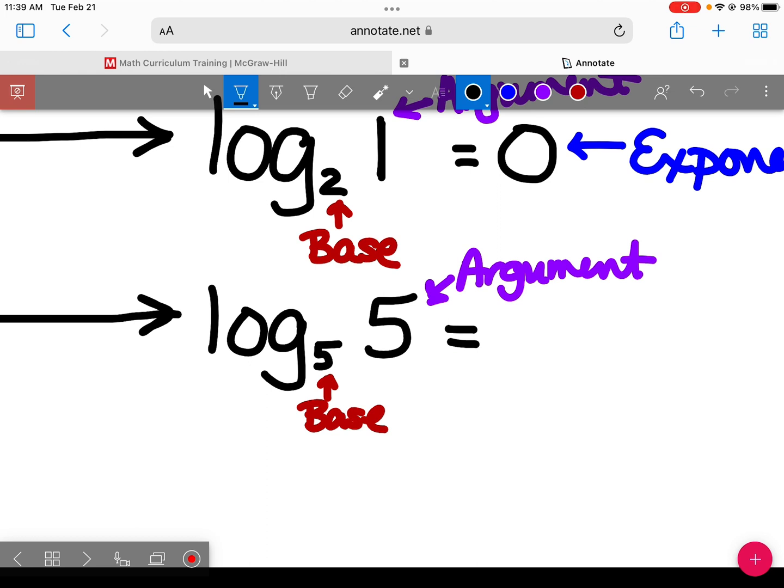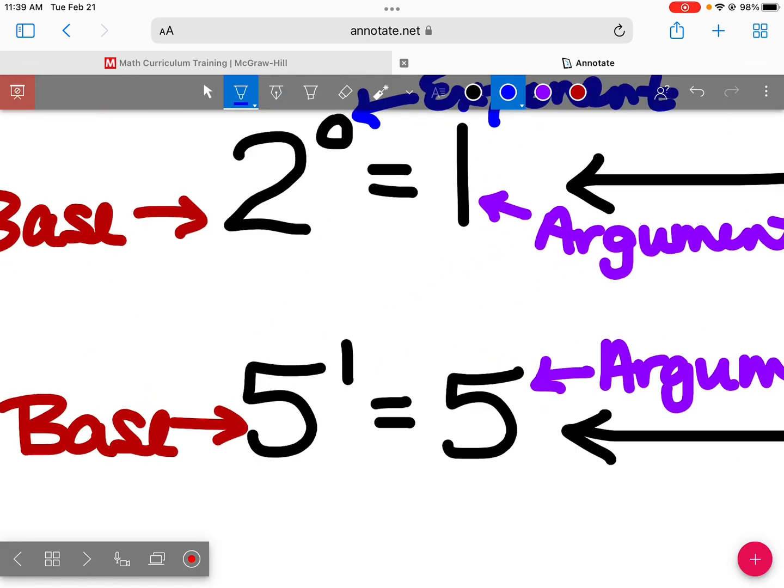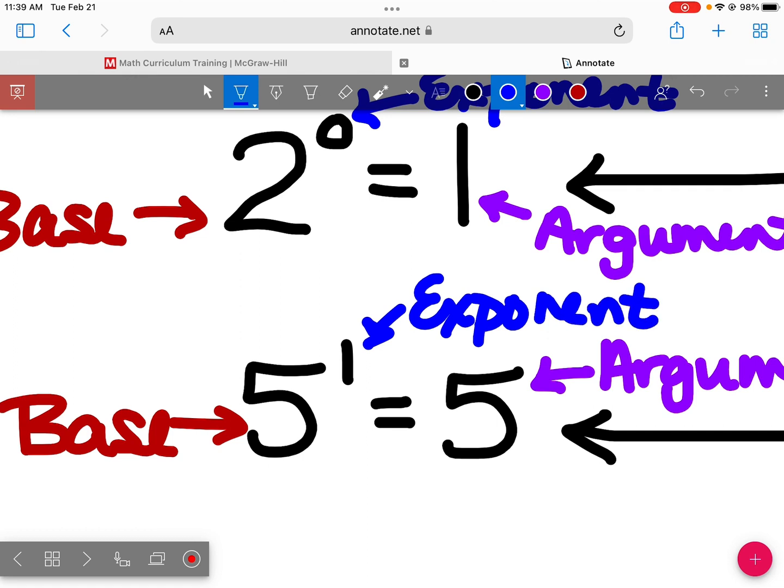What is the exponent on this one? 1. If you're not labeling these different pieces, I would highly recommend at least one of them get totally labeled up so you know where all these pieces and parts are moving to.